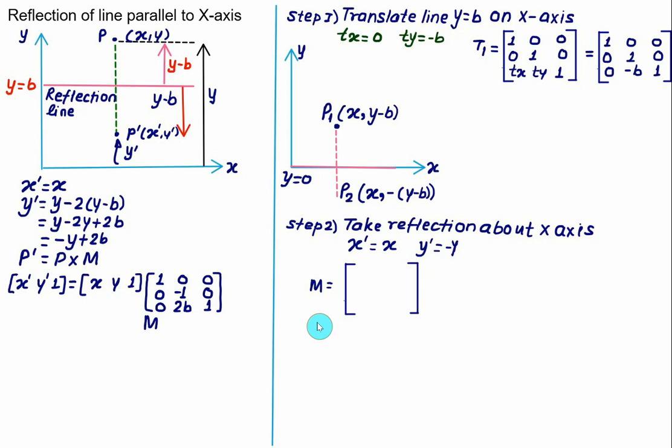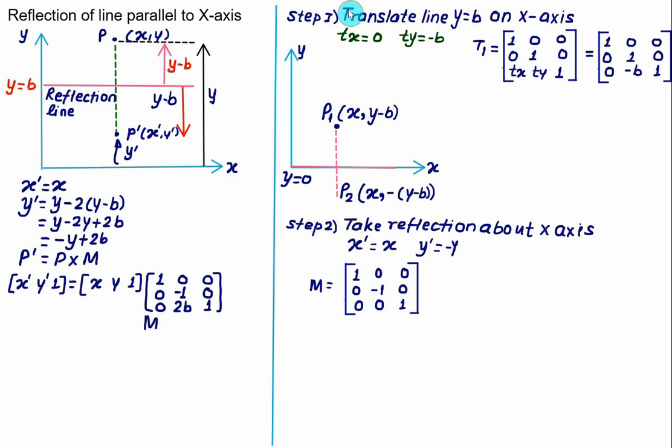The mirror matrix we can write in the homogeneous system as x prime equal to x, that is 1. y prime becomes minus y, that is minus 1, the rest of the coordinates are 0, and finally because of the homogeneous system we have 1 and 0 0. After the reflection about the x-axis, we have to shift the translated line back to its original position.